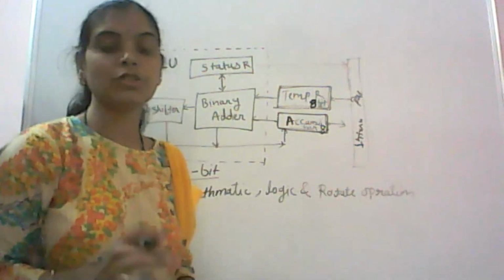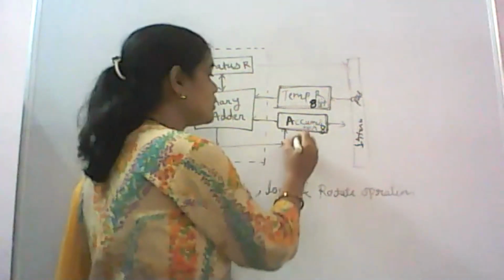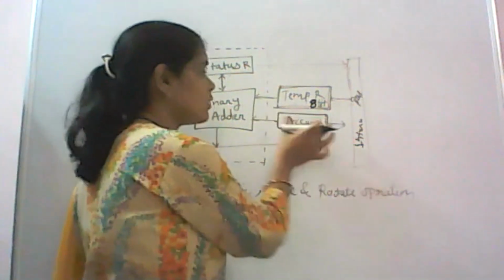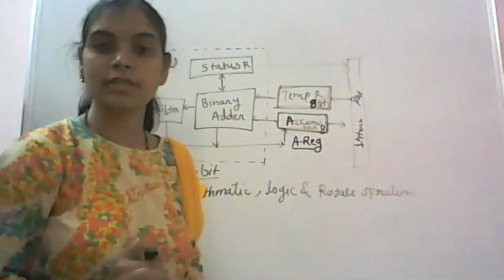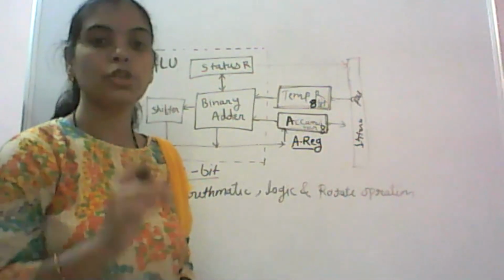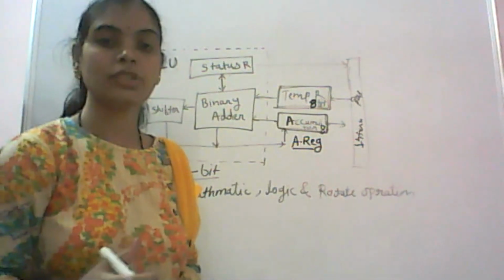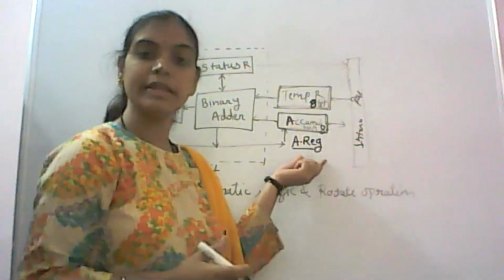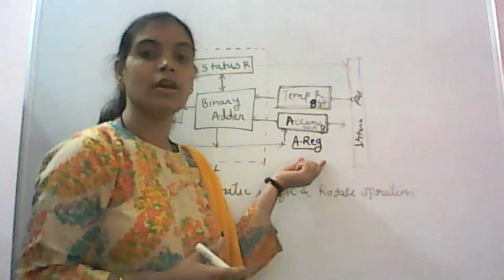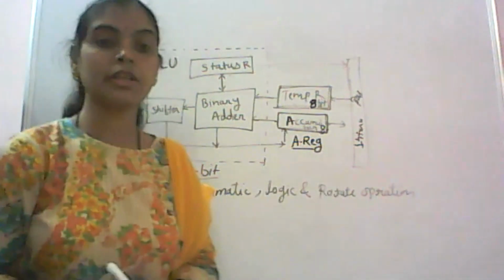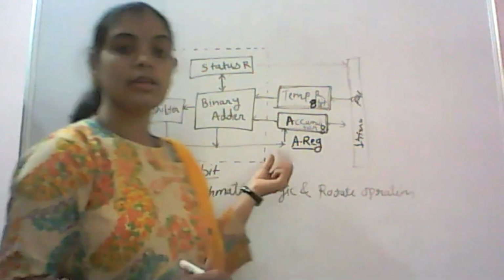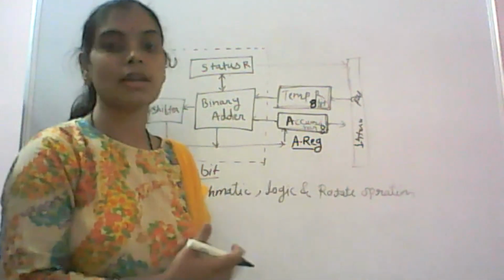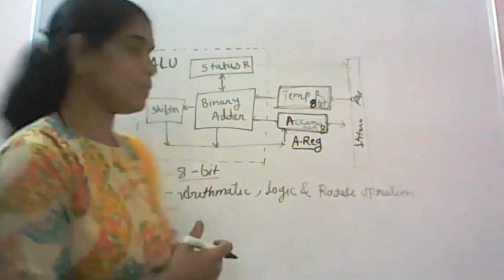The accumulator is also called the A register. During the arithmetic logic operation, one of the operands is available in the accumulator. The result of the arithmetic logic operation is also stored in the accumulator.